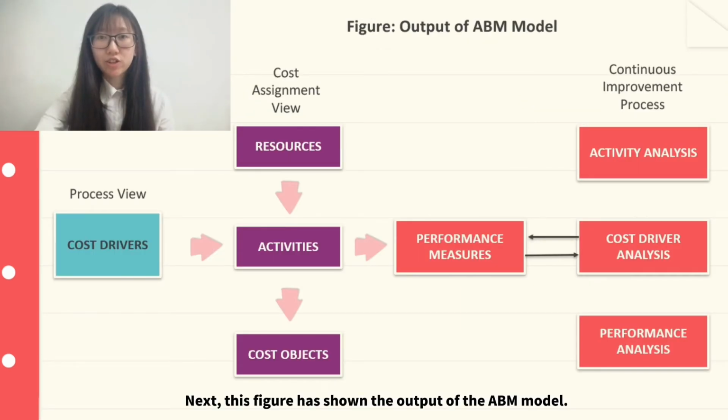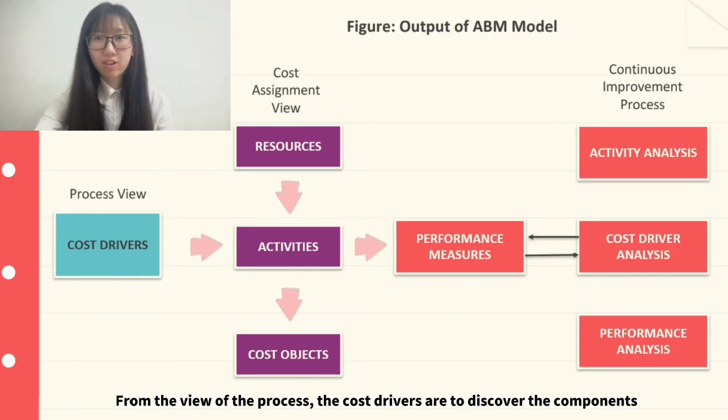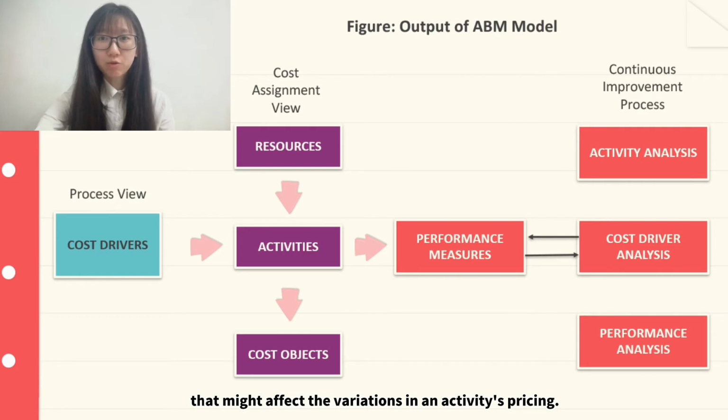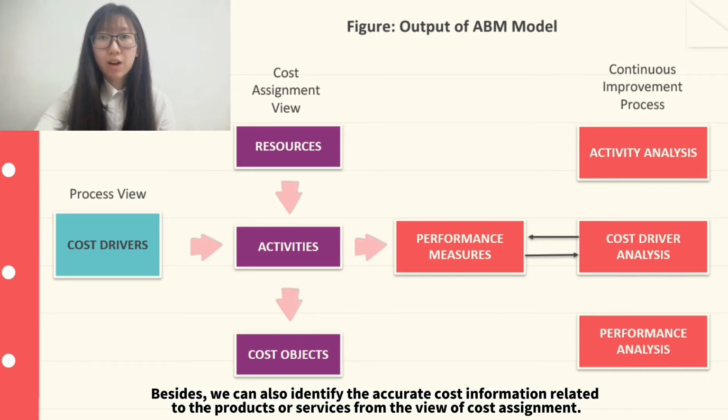Next, this figure shows the output of the ABM model. From the view of the process, the cost drivers are to discover the components that might affect the variations in an activity's pricing. Besides, we can also identify the accurate cost information related to the products or services from the view of cost assignment.